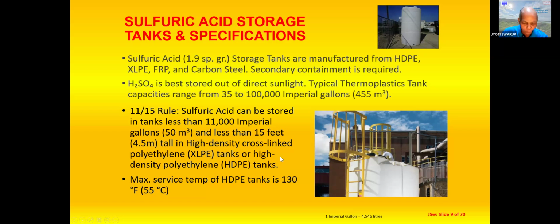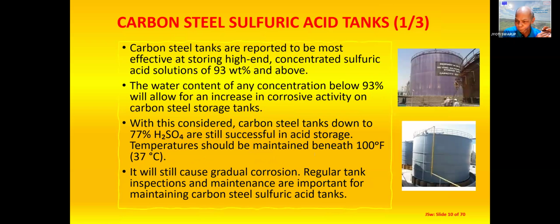So typically for smaller size tanks, maybe less than 50 meter cube or less than 4.5 meter high, we can buy HDPE or XLPE tanks or FRP tanks, but larger tanks may have to be site built, and therefore we need a steel material, carbon steel or stainless steel or some other material. Maximum service temperature of HDPE tanks is 130 degrees Fahrenheit, which is 55 degrees C. So this is a limitation, while carbon steel or stainless steel does not have this kind of limitation.